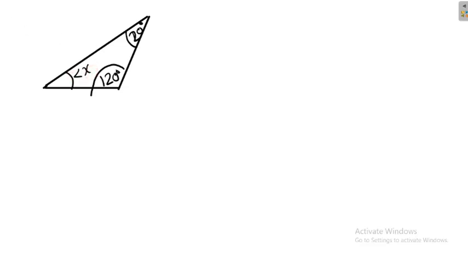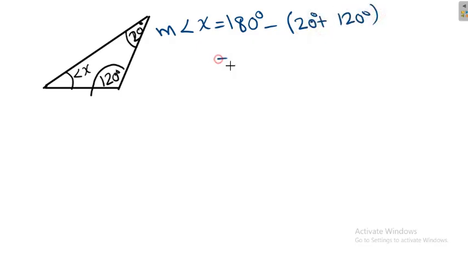Measure of angle x equals what? Measure of angle x equals 180. Why 180? Because the measures of all interior angles of the triangle add up to 180, minus 20 degrees plus 120 degrees, and it will be 180 minus 140. It will be 40 degrees. Okay, that's the measure of angle x.